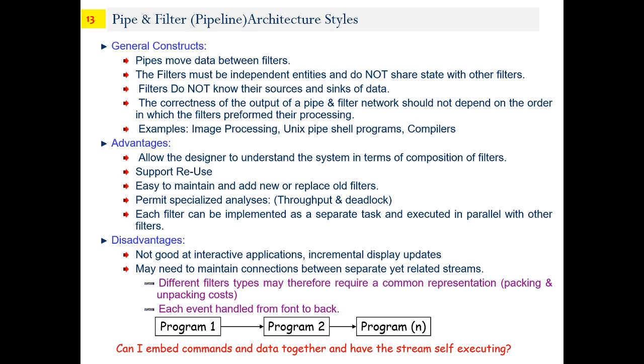See where it can be used: image processing, Unix pipe shell programs, and compilers use the pipe and filter structure. Filters do not know their sources and sinks of data. Filters are relieved of knowing their sources and destinations. This is the biggest advantage.